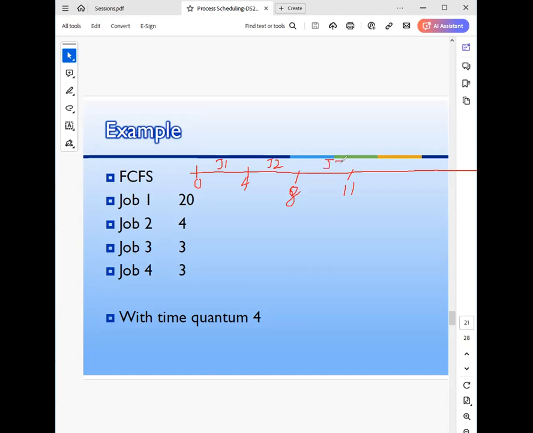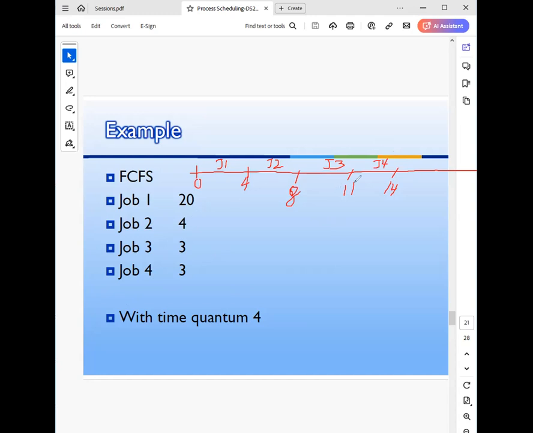And then job 4, again 3 milliseconds needed, so job 4 runs until 14. Then another 4 milliseconds are given.